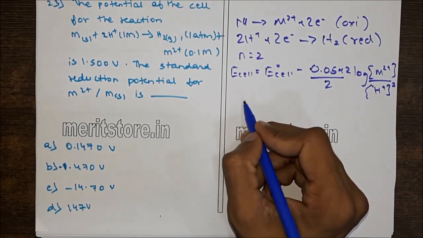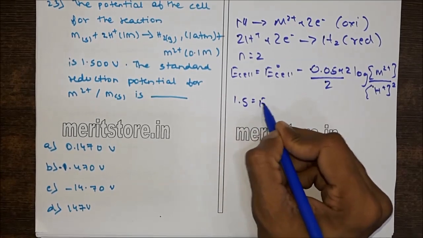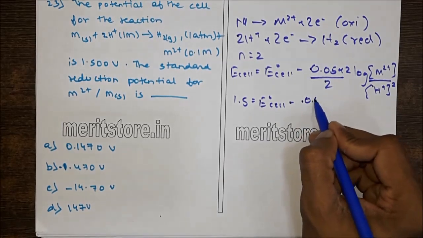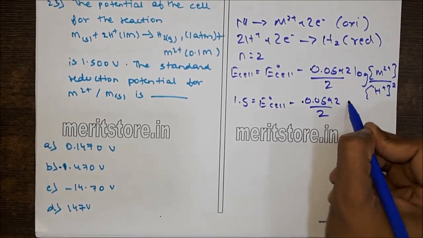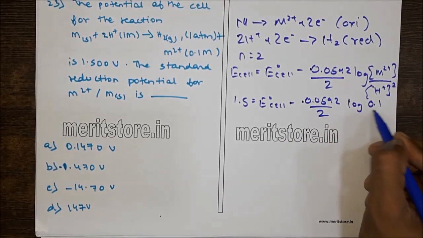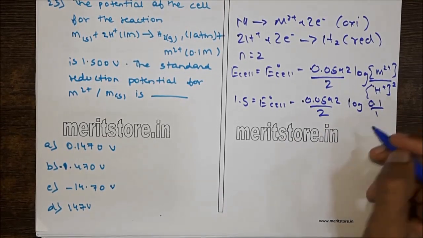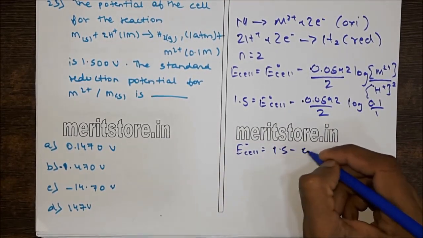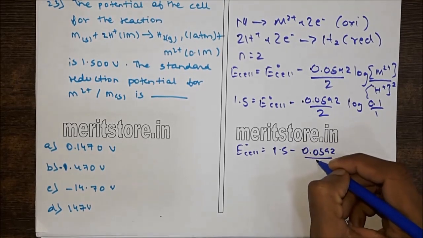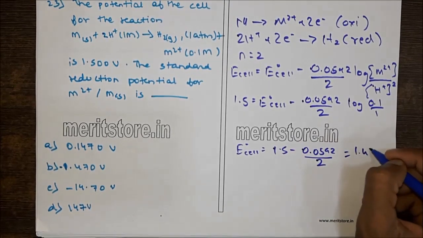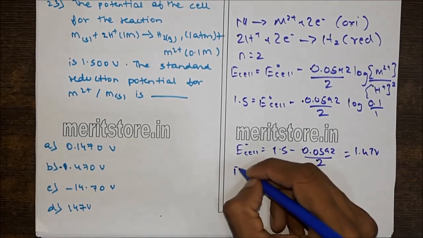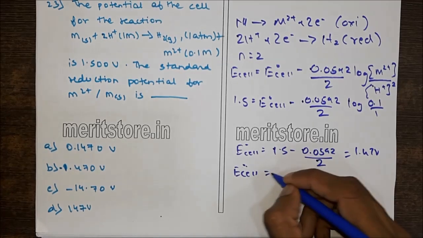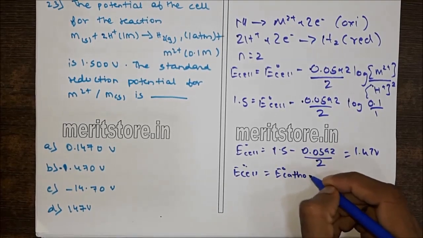So 1.5 equals E° cell minus 0.0592 by 2 log of 0.1 upon 1. Solving this further, we get E° cell, the standard cell potential, as 1.5 minus 0.0592 upon 2, which is equal to 1.47 volt. Therefore, we find for cathode and anode.